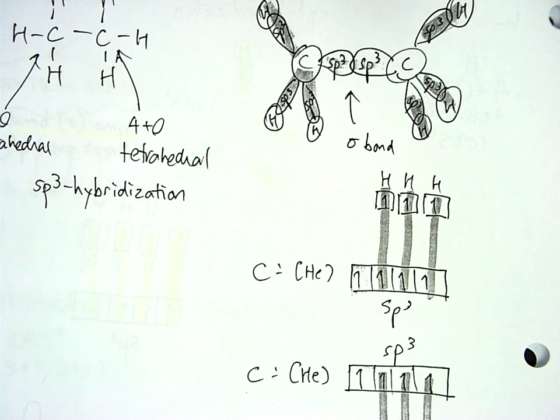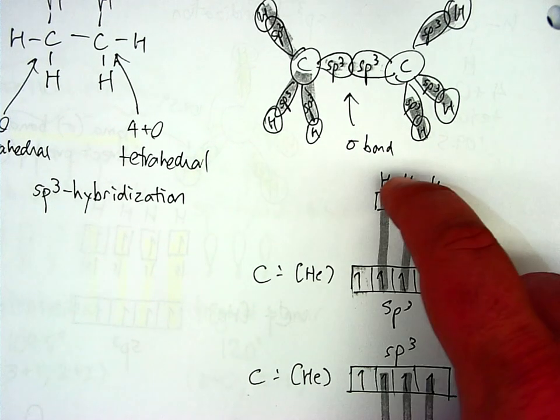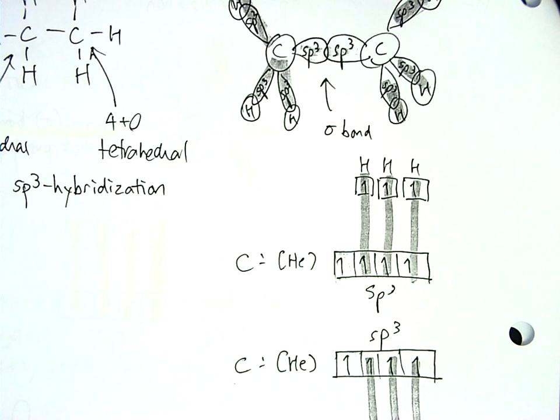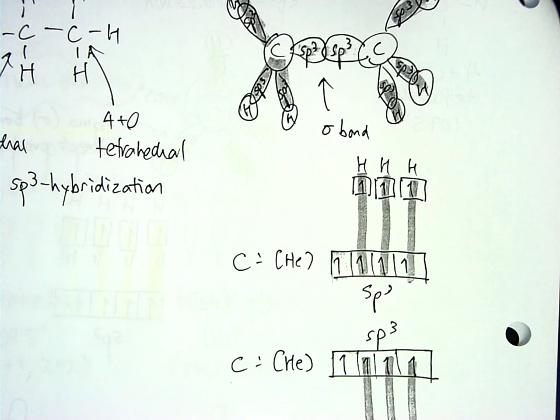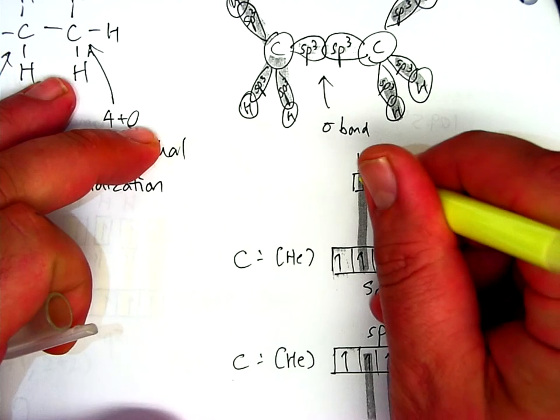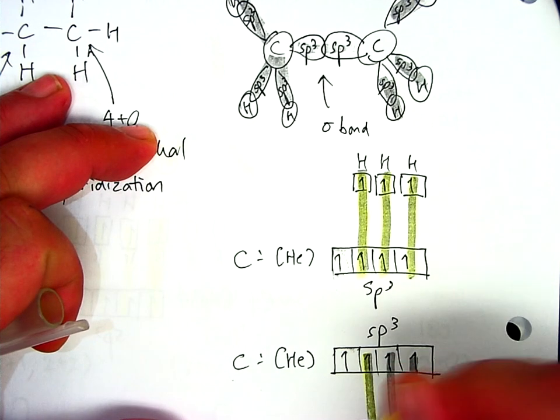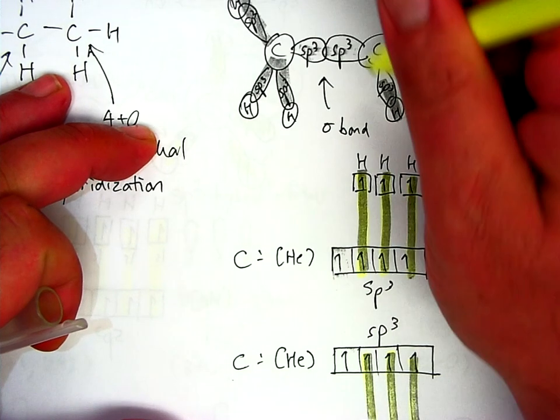Similar to in methane, the hydrogens are going to line up and pair up unpaired electrons through their 1s orbitals, as we've seen before, and produce sigma bonds, which is shown in this diagram here.